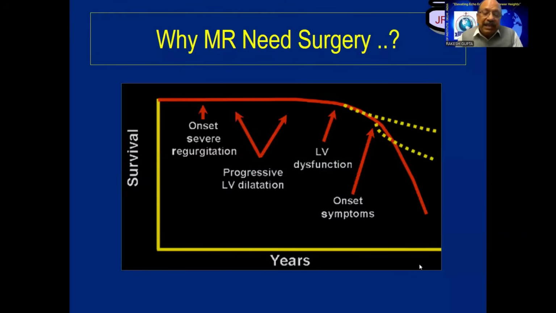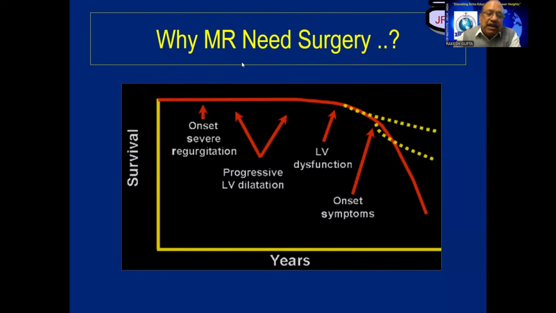Once the LV dilatation starts happening, that is the worst point anybody can have. And it has to be an indexed value: 32 millimeter end diastole, 22 millimeter end systole. Anything more than that is abnormal. If you look at this slide carefully, the day symptoms appear, the fall is dramatic.